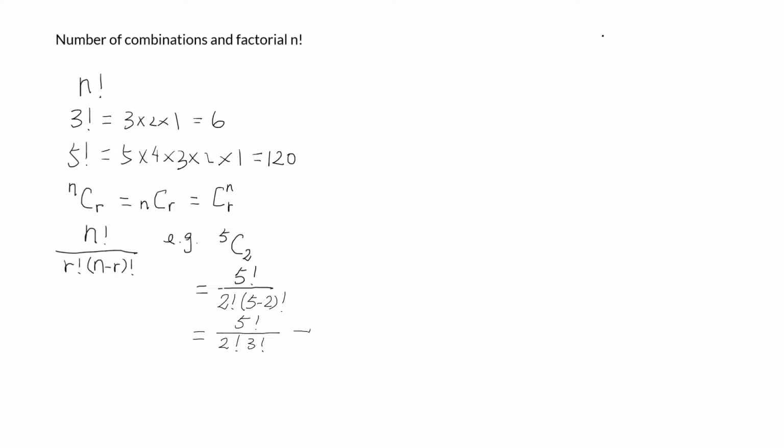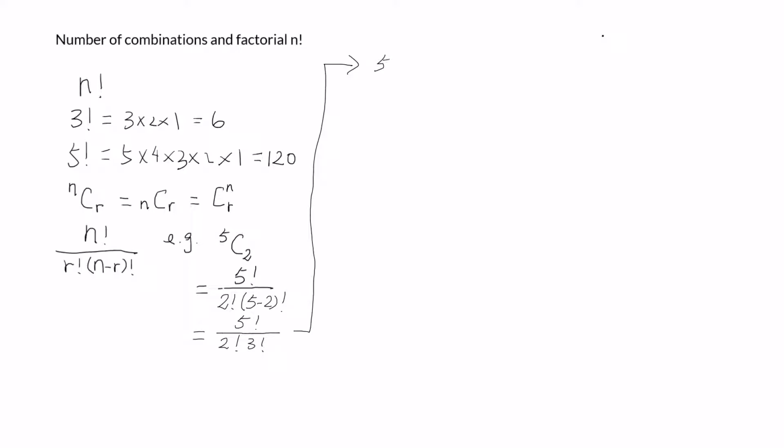Now in this case, instead of expanding 5 factorial as 5 times 4 times 3 times 2 times 1 and then doing the cancellation, we can do it a little bit quicker.